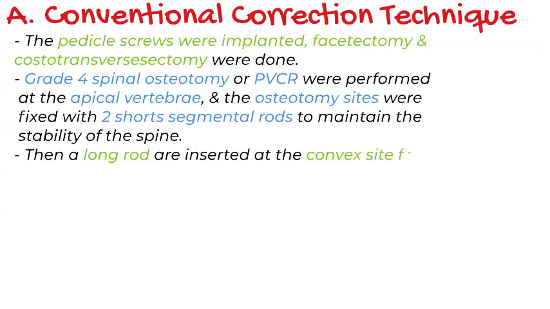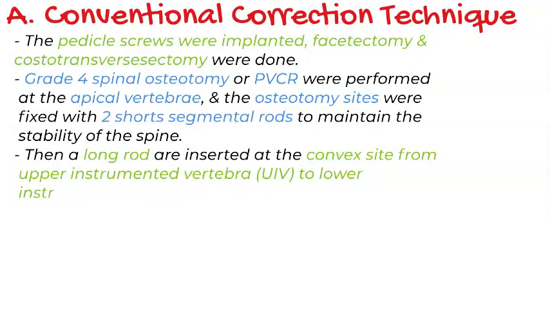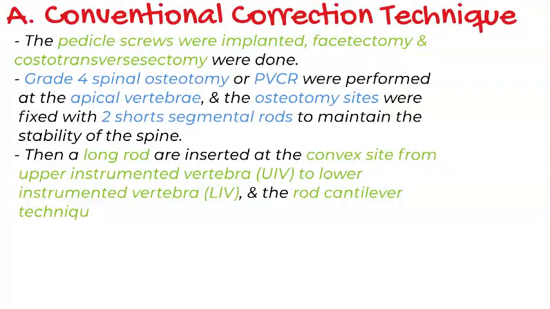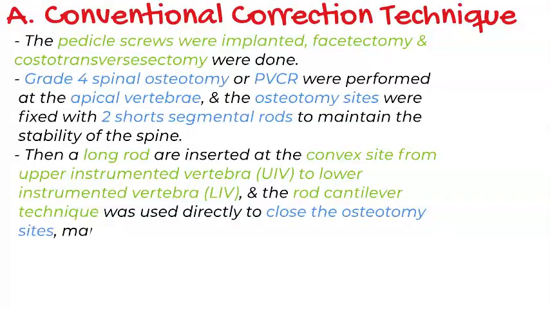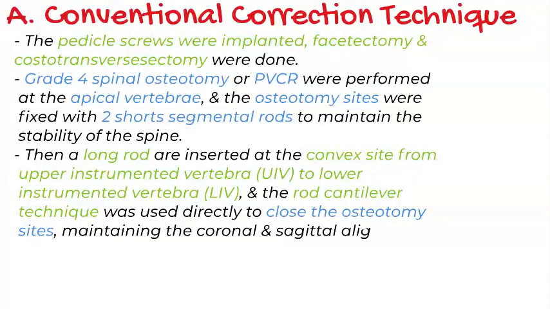Then a long rod is inserted at the convex side from the upper instrumented vertebra (UIV) to the lower instrumented vertebra (LIV), and the rod cantilever technique was used directly to close the osteotomy sites, maintaining the coronal and sagittal balance or alignment.